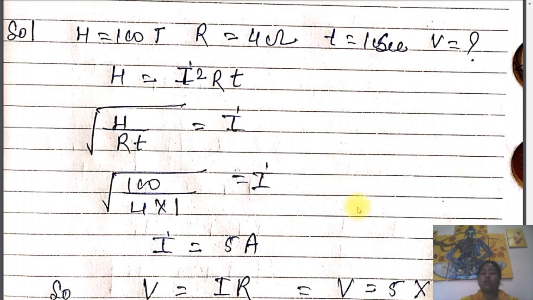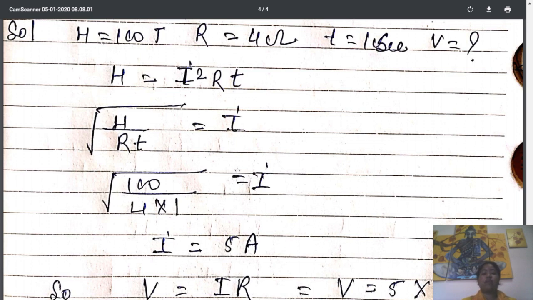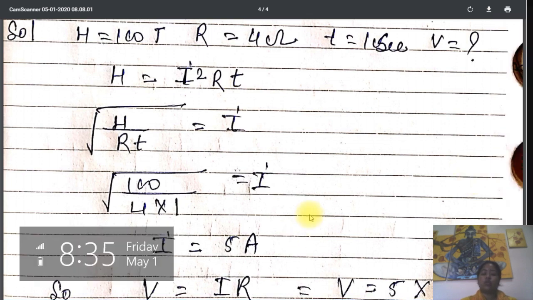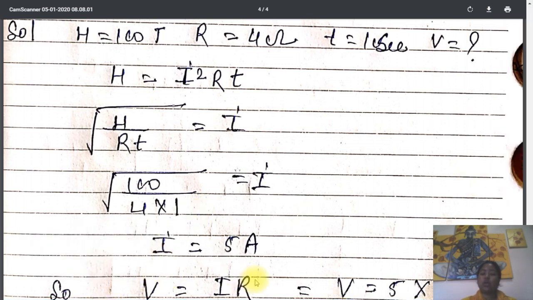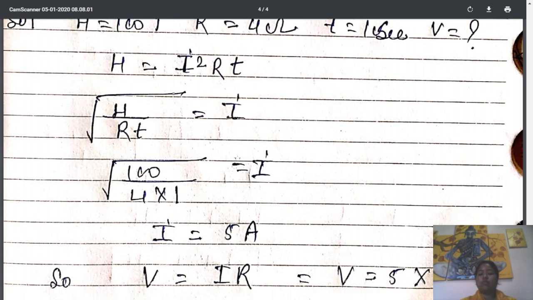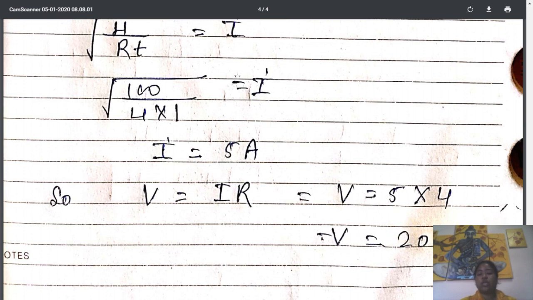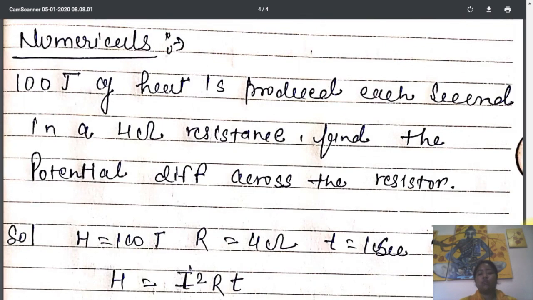Then by Ohm's law, V equals I into R, so V equals 5 into 4, which is 20 volt. So the potential difference across the resistor is 20 volt. This is the numerical based on the topic. That's all for today. Thank you.